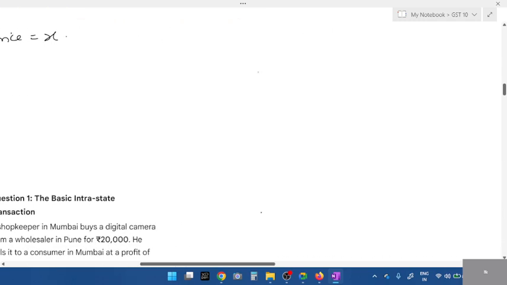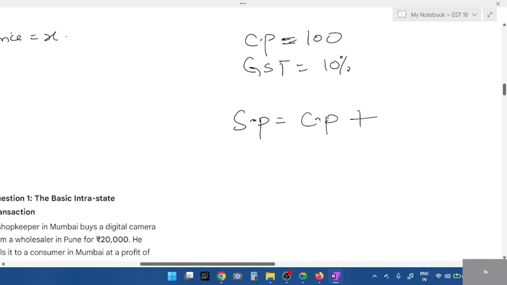Now, what if cost price is 100 and GST is 10%? How do you find selling price? If someone is buying from you, how much do they have to pay us? They have to pay us cost price plus the GST amount, right? Yes.